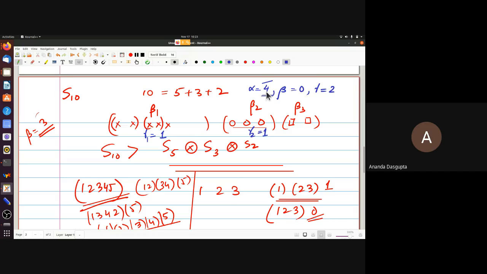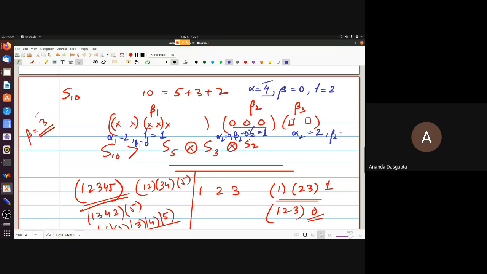That means to get alpha equal to 4, the only way that's possible is alpha 1 has to be 2, because once gamma 1 is 1, that only leaves 2 more elements. So you can have it here, and no elements are left here. And alpha 2 is 2. Is that okay? That's the only way this can split up. Of course, beta 1 has to be 0 throughout. So alpha 2 is 0, beta 2 is 0.